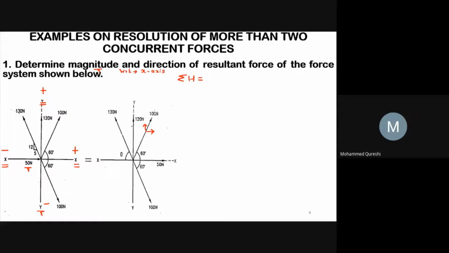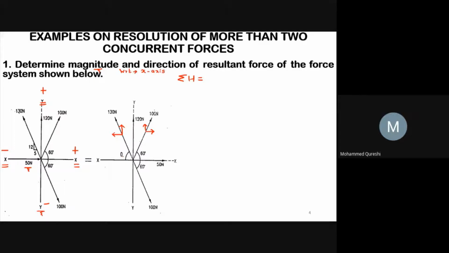Okay. Similarly here 120 cos 90 with respect to x, and with respect to y it is sin 90. Sorry, sin 90 is 1. Then here 130. Similarly here, this will be your cos and this will be your sin, making an angle theta.